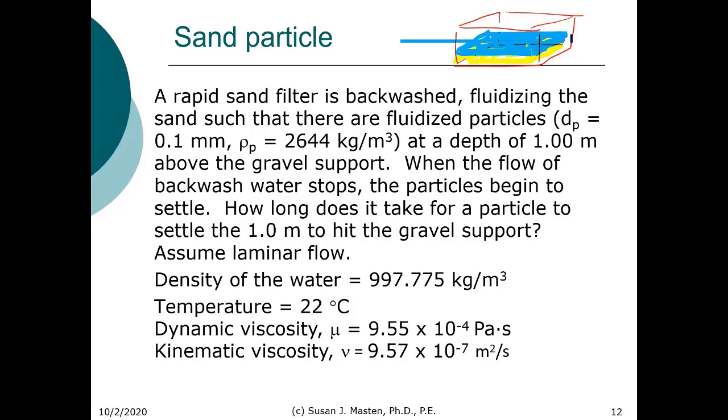Now, during backwashing, what we do is we pump water upwards. Normally, water is flowing down through the filter. We pump water upwards, causing the sand bed to expand. The level of water rises above that gravel support so that we'd have a level of water much higher.